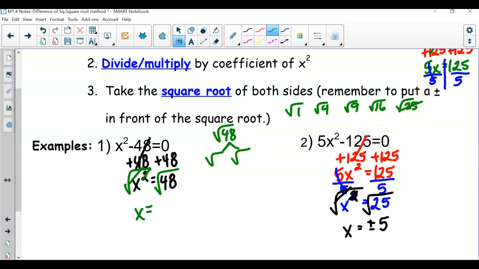But can I divide 48 by 16? Yes. 48 divided by 16 is 3. So now what is the square root of 16? Positive and negative 4. So positive, negative 4, radical 3. Don't forget that radical 3.